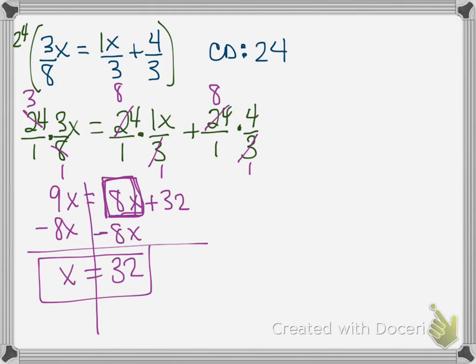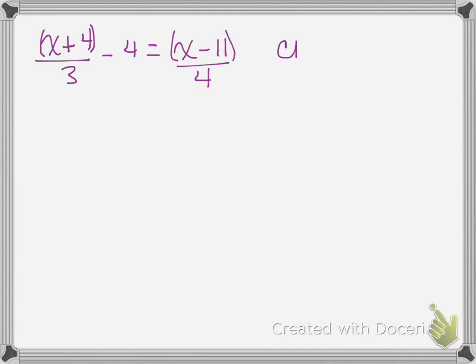One more example, and then I'm going to let you do a couple on your own, and we'll look at them tomorrow when you come into class. So what if I gave you x plus 4 over 3 minus 4 is equal to x minus 11 over 4. Don't stress out. You can put these in parentheses if you want to, but same concept. It just looks a little more complicated.